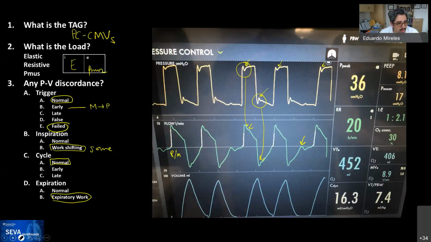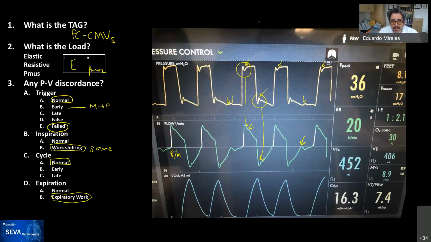What you usually will see, and it depends on the gain and the ability to adjust your screen, is a negative deflection, which is what you see right there, followed by a positive deflection. You see that because the airway is oscillating. So there's the negative, and then there's the positive. It relaxes, and you see the pressure go up because the machine is trying to maintain the pressure stable. Does that make sense?